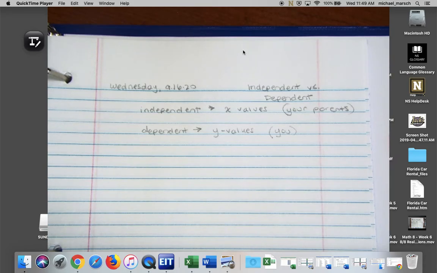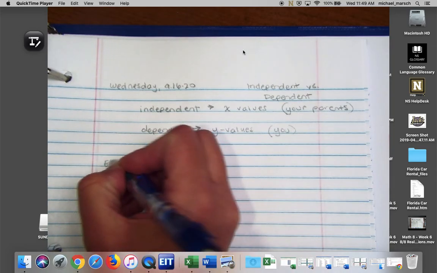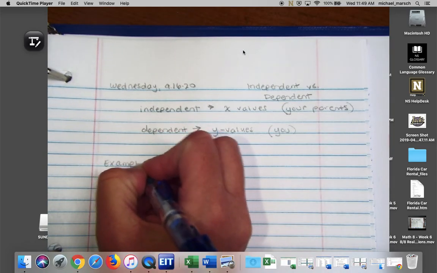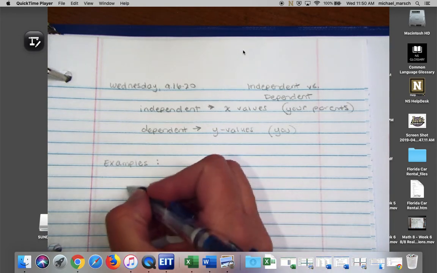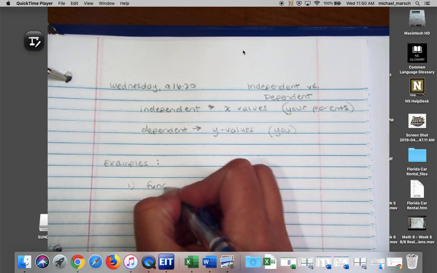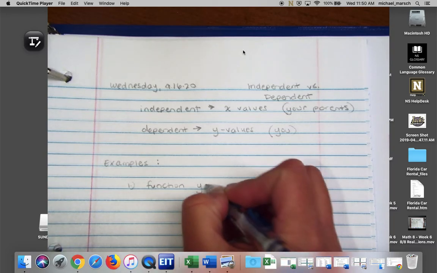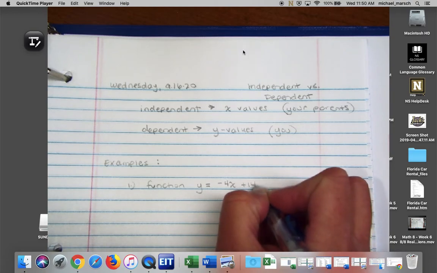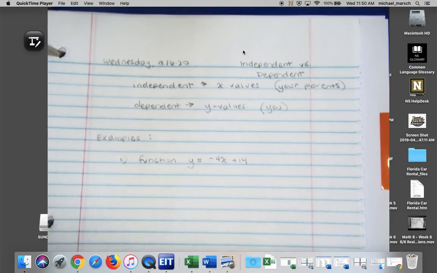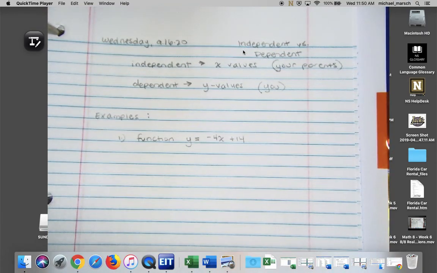So we're going to just do a couple of examples here, identifying which is independent and which is dependent. So we're going to look at this function, y equals negative 4x plus 14.